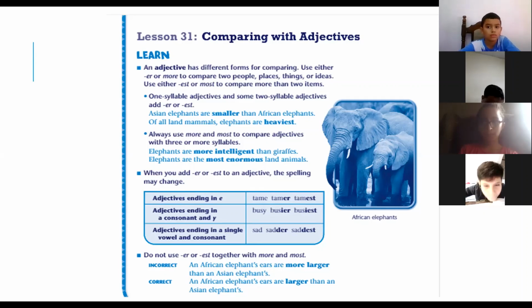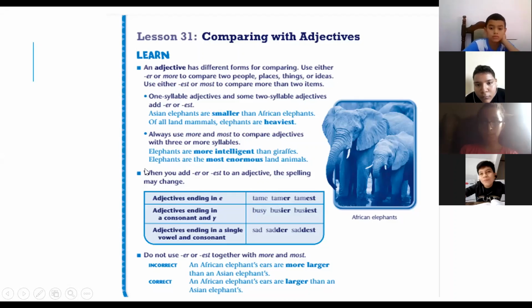For example, beautiful. Beautiful is a three-syllable adjective. You're not going to use ER or EST. You're not going to say beautifuler or beautiful less. You're going to say more beautiful or most beautiful. As you can see, we have some examples here. Elephants are more intelligent than giraffes.